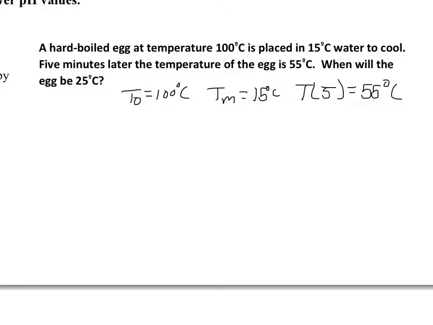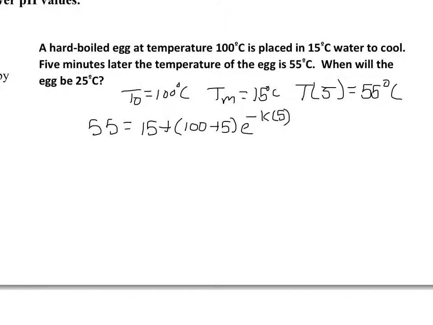So if we use that fact at first, we have 55 equals 15, the T_m, plus the original minus the room temperature times e to the negative k times t. So now we need to solve for the k.